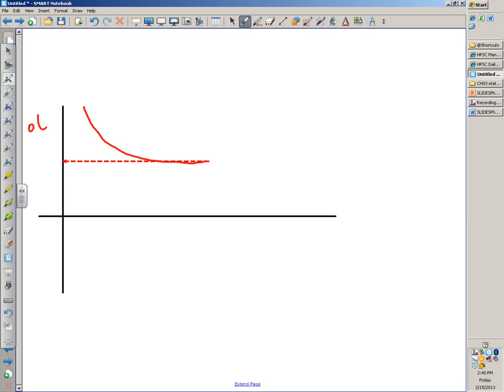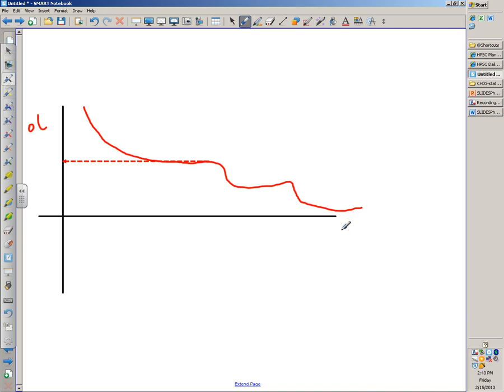Now, did your graph show other changes of state? No. Right? Did it go from a solid to a Bose-Einstein condensate? No, of course not.